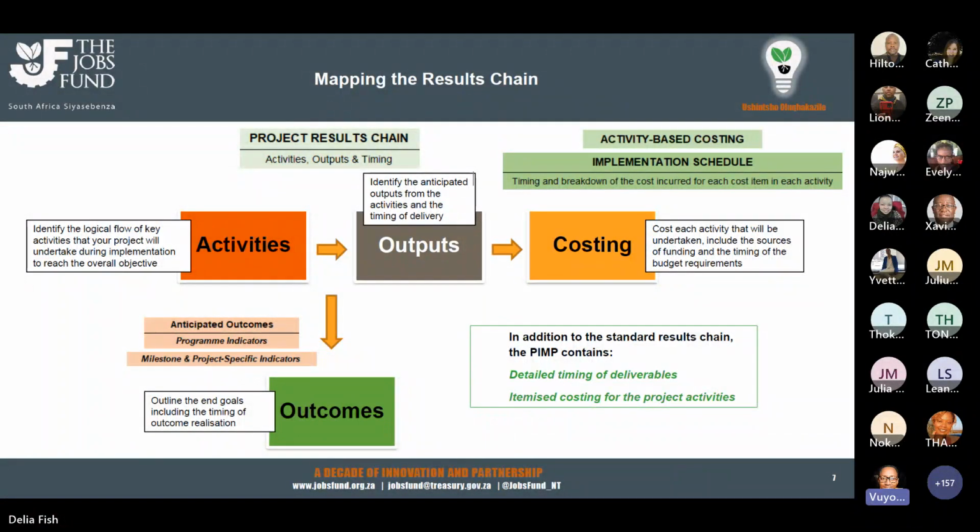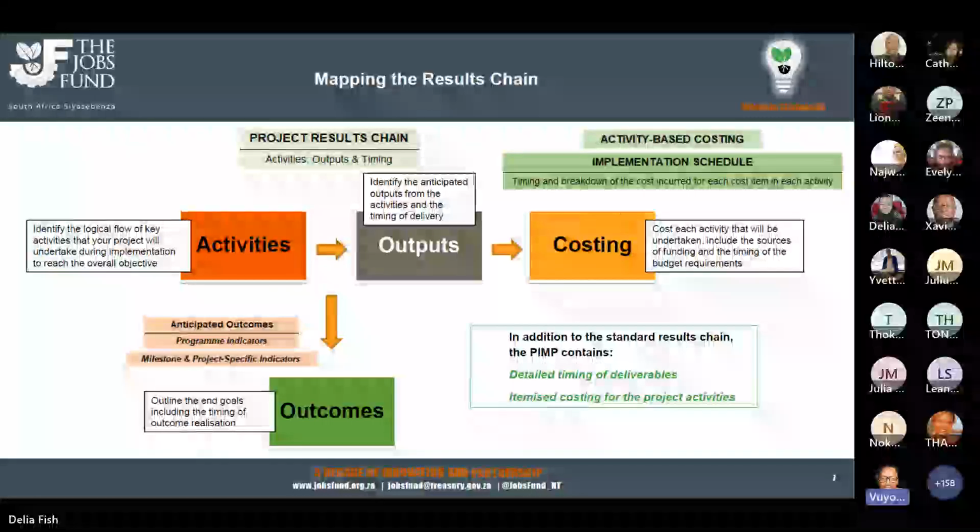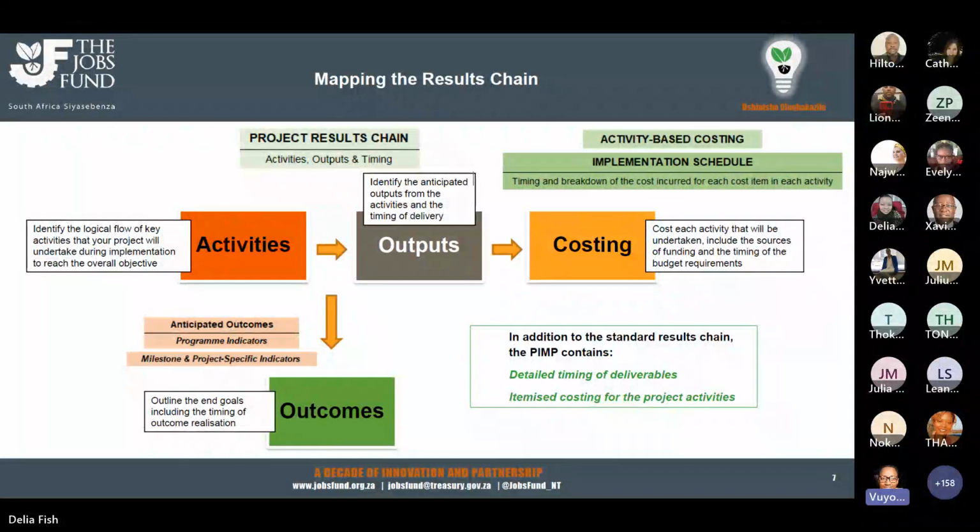We've spoken about how those key activities translate into associated outputs. And how the timing of both these activities and these outputs are set out in the ABC PIMP.